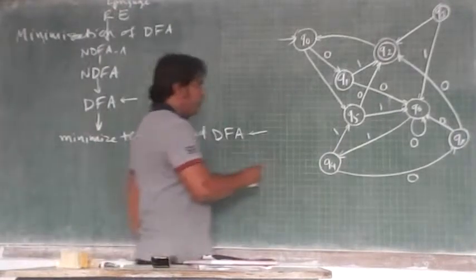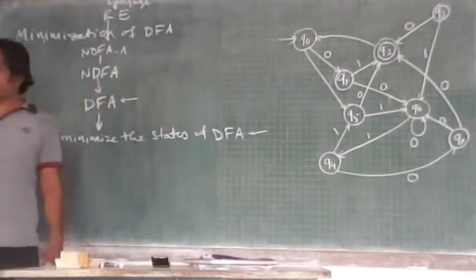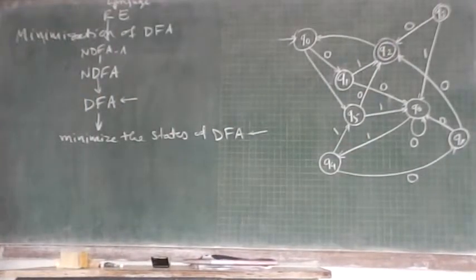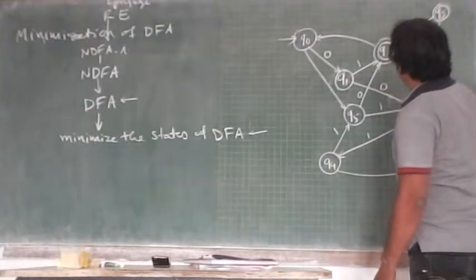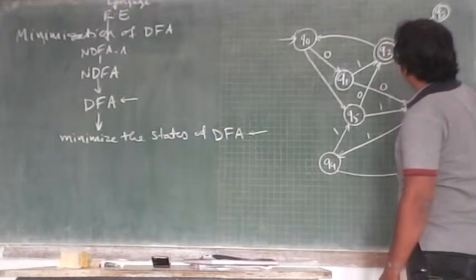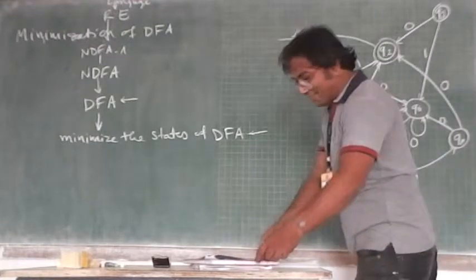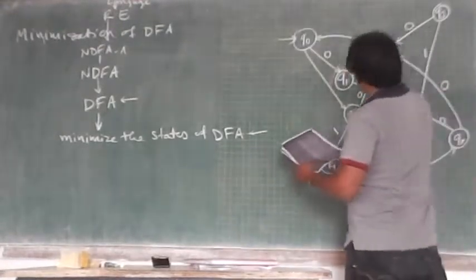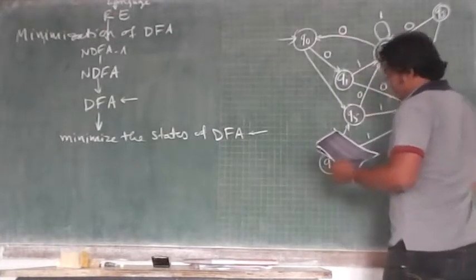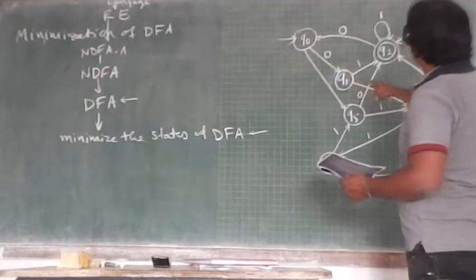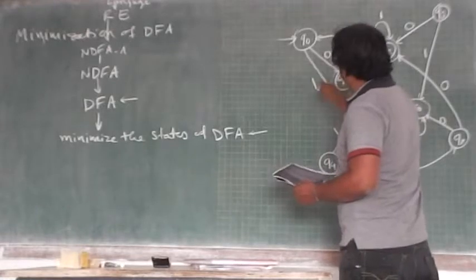From every state there are 2 transitions, one for 0 input and another for 1 input.